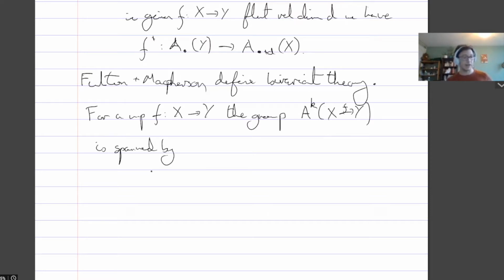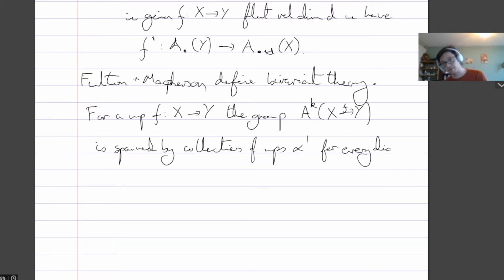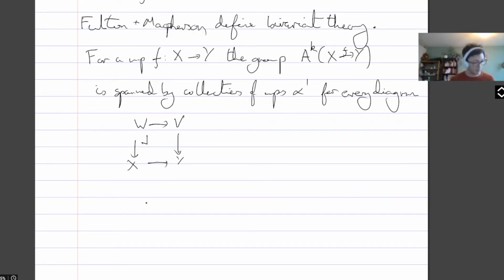So it's spanned by collections of maps alpha upper shriek for every diagram W mapping to V, this maps to Y. This is a Cartesian diagram, so a fiber diagram.